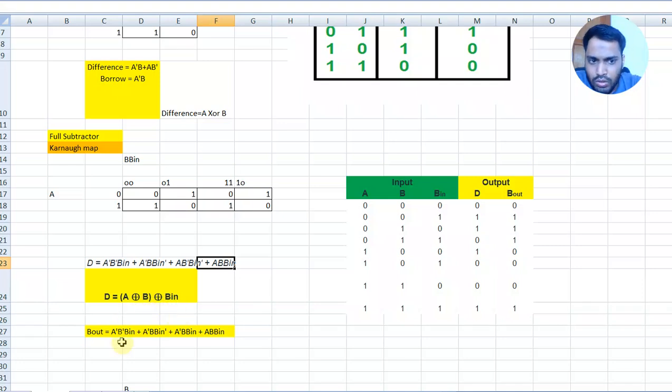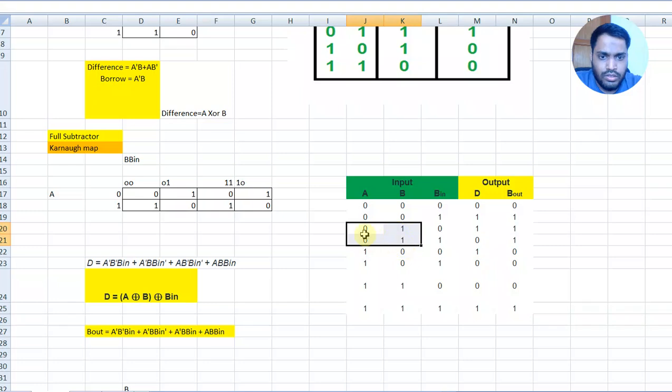Whereas for borrow, borrow is nothing but the same as the borrow for the half subtractor. Whenever a is smaller than b; here it is equal, so directly we can put borrow as 0. Here it is equal, but we took a borrow over here, so b out will also be 1.